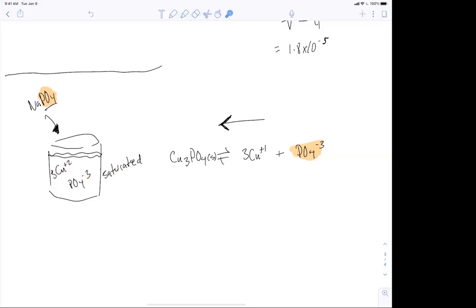This will cause some more precipitate to form, which is another way of saying that the solubility of copper phosphate will decrease, because again, the common ion effect is going to skew everything back to the product. What's this last answer here? I can't read that one for some reason. Dissolution reaction equilibrium. I think they're just saying, probably what I'm saying here, that the equilibrium shifts towards the reactant side.